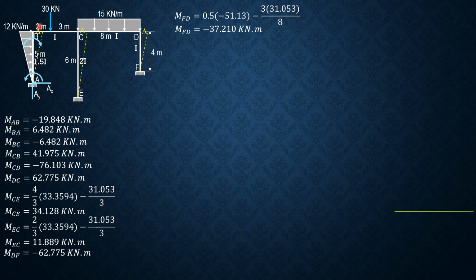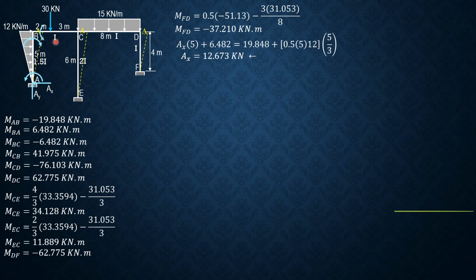So AX times 5, that's clockwise, plus MBA equals MAB plus the moment of the load, 1/2 of 5 times 12 times 5/3. So AX times 5 plus MBA equals MAB plus 0.5 times 5 times 12 times 5/3. So AX is equal to 12.673 kilonewtons directed as shown.